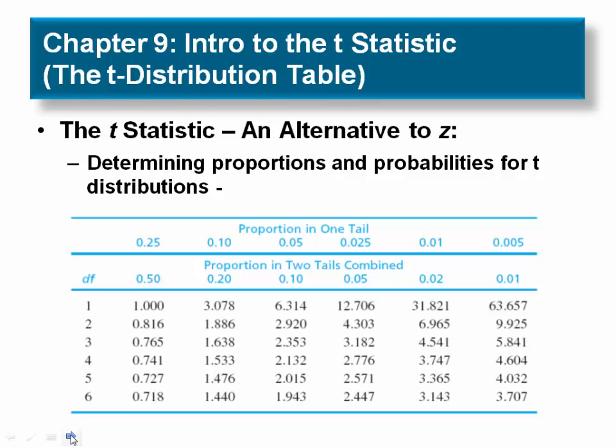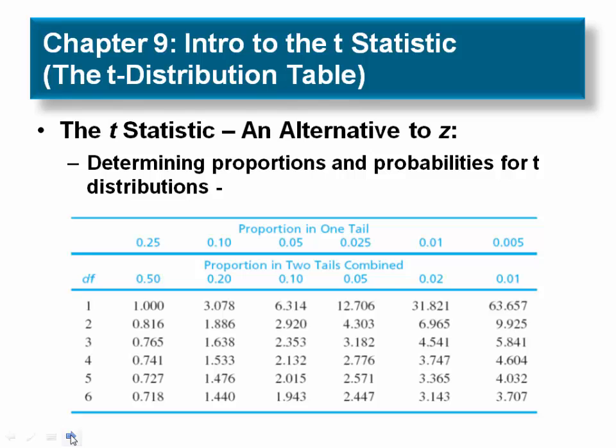A portion of the t-distribution table is shown on the slide and is from Table 9.1 on page 254 of your text. The numbers in the table are the values of t that separate the tail from the main body of the distribution. Proportions for 1 or 2 tails are listed at the top of the table, and degrees of freedom values for t are listed in the first column.